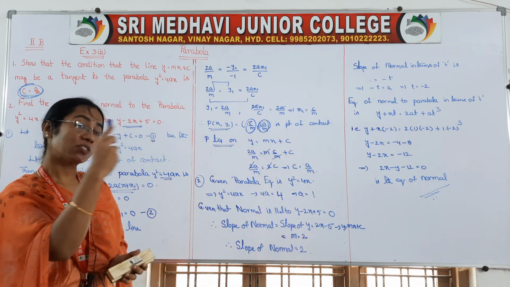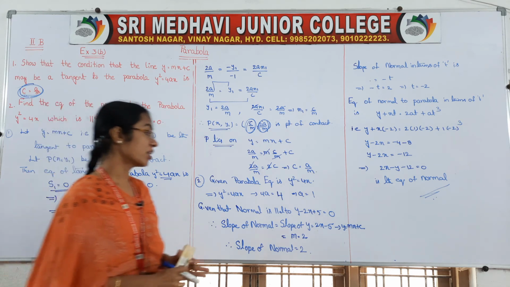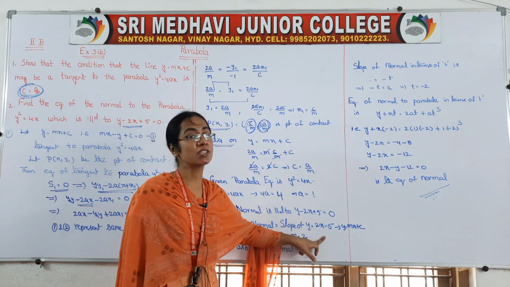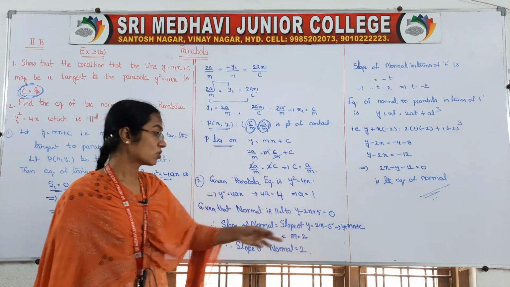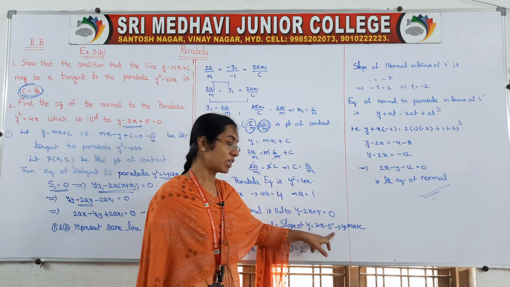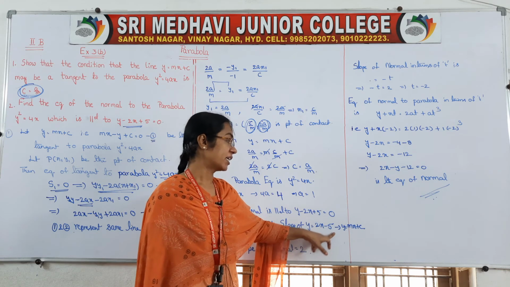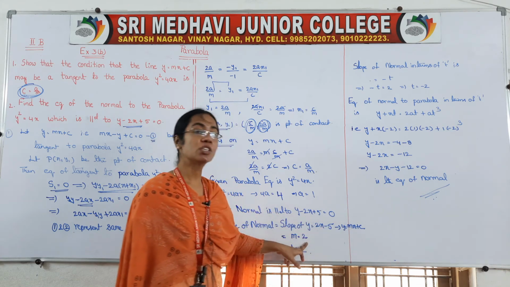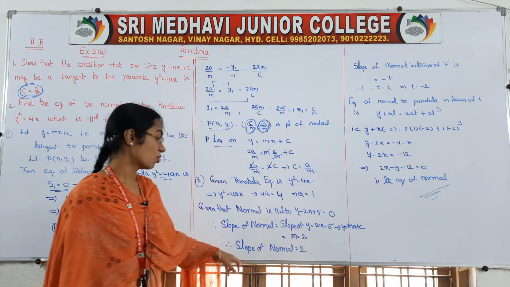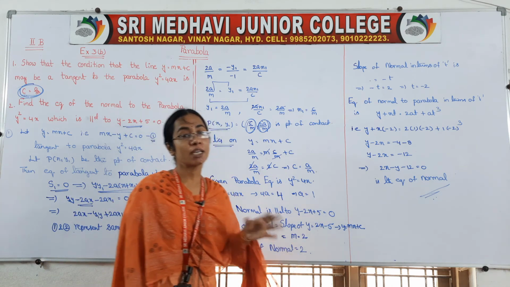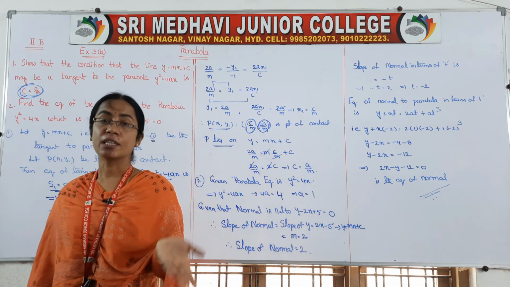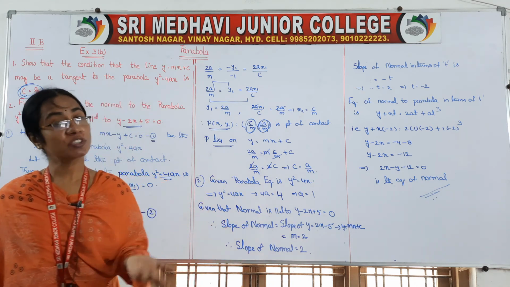How will we find the slope of that line? Try to write that line in the form of y is equal to mx plus c, where m represents the slope. So we can write that as y is equal to 2x minus 5, right? So in m place we are having 2. So slope of the normal is m is equal to 2. But we will represent the slope of the normal in terms of t also.